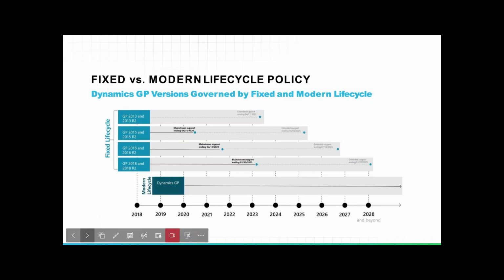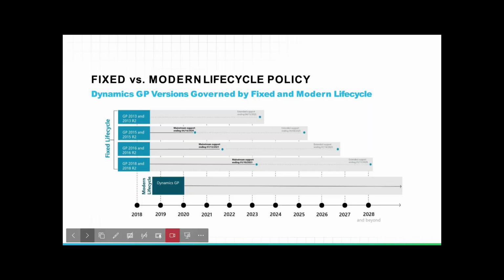So on the fixed lifecycle chart there, the last row, Dynamics GP 2018 and 2018 R2, have been off of mainstream support since January of 23. So the important notice here is to be current. Work with your partner if you're an existing customer. Partners, work with your existing customers who seek to stay on Dynamics GP and get them current so that they can be part of that modern lifecycle policy that Microsoft has promoted GP to.